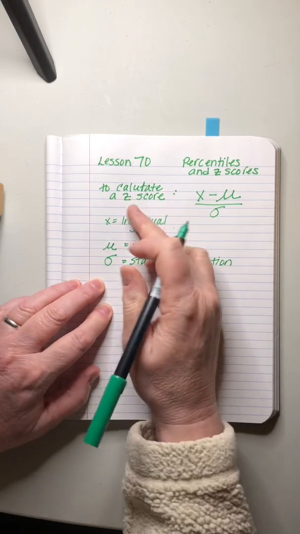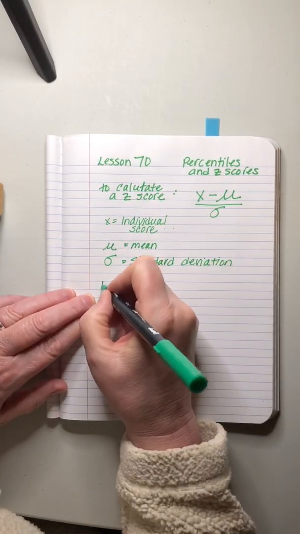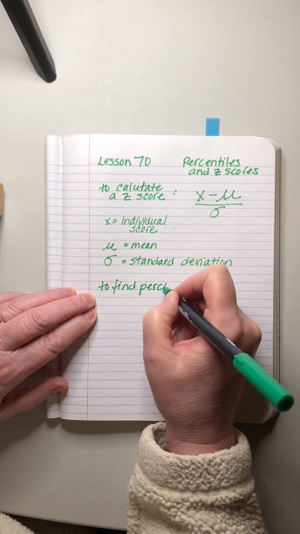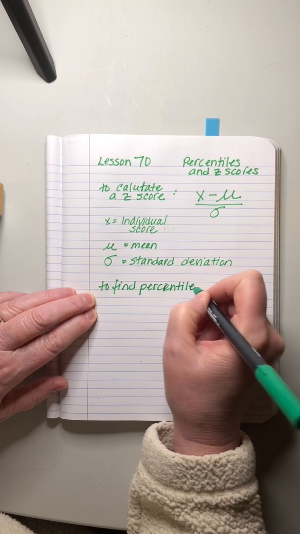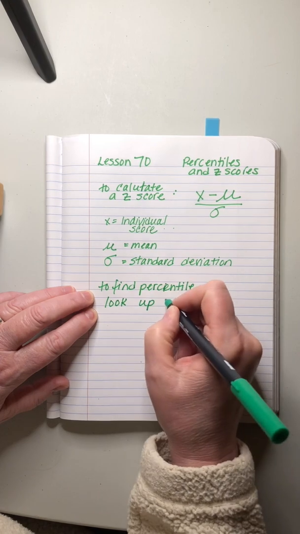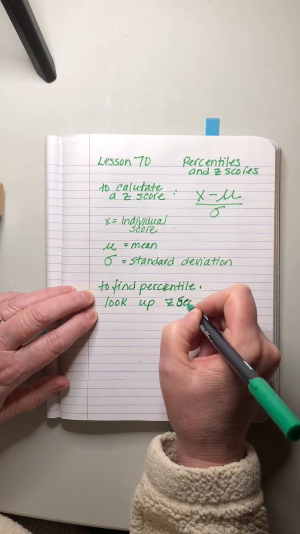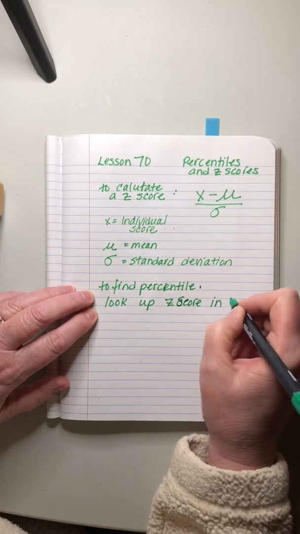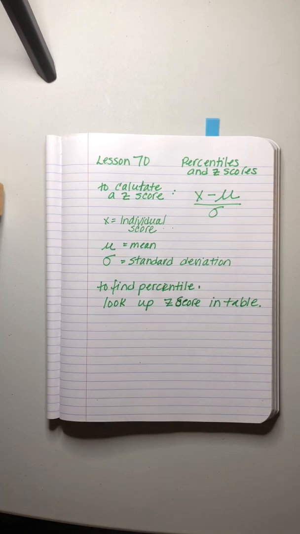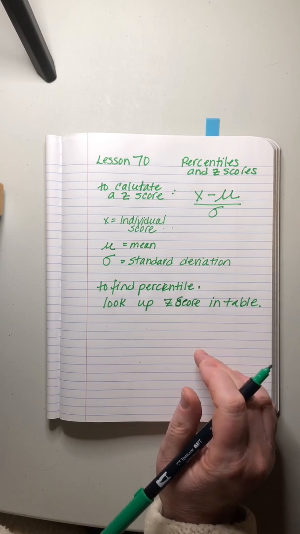Okay, so this z-score is the middle step. Then, to find the percentile, which is what we're really after, we look up the z-score in the table. And I'll show you how to do all this, okay? Like I said, this makes a lot more sense when you have a problem. So hold on to all of this and let's figure this out.